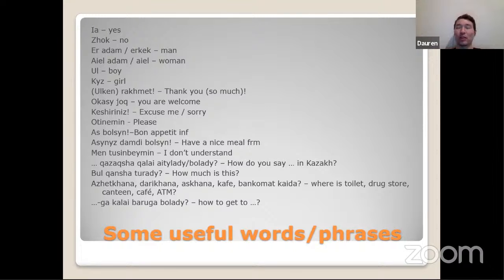Or there should be Kazakh-speaking events for people who study the Kazakh language. At least there were such events two years ago, in 2018. You should probably find it on the internet if you search in Russian, I guess.